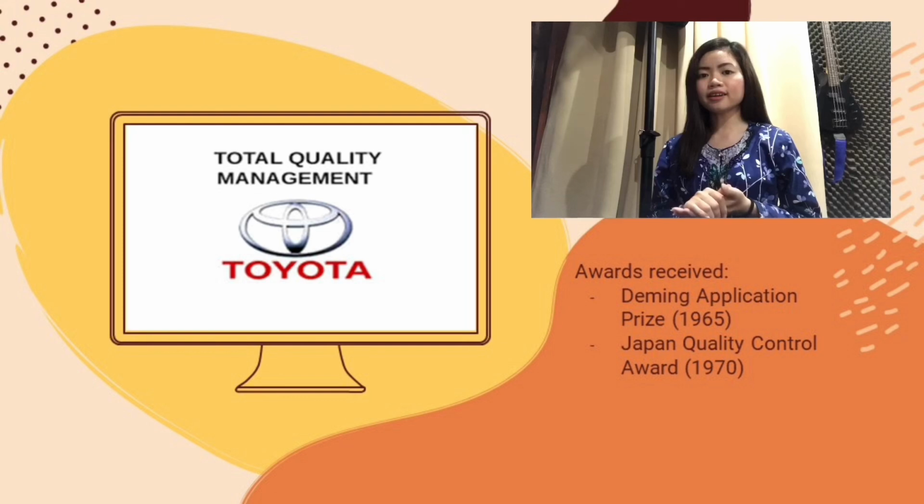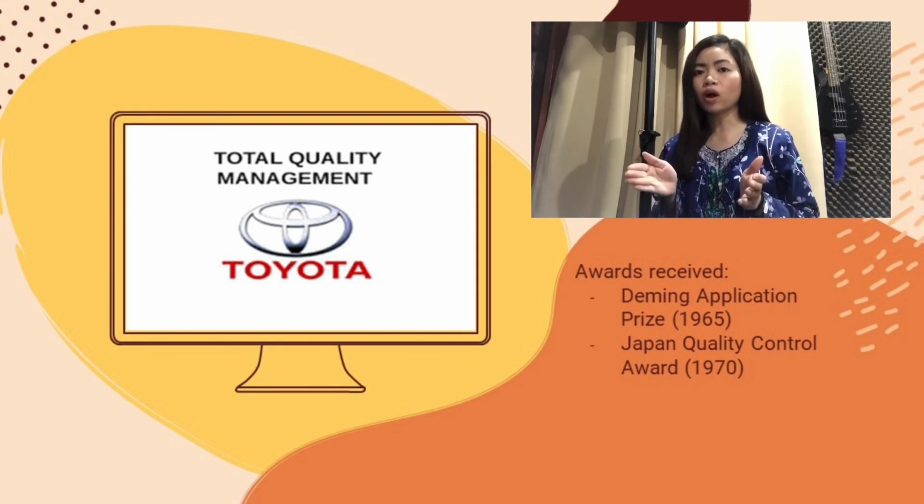As we can see here, Toyota has applied total quality management in the industry. This has been proven in that they have received awards such as the Deming Application Prize in 1965 and the Japan Quality Control Award in 1970.